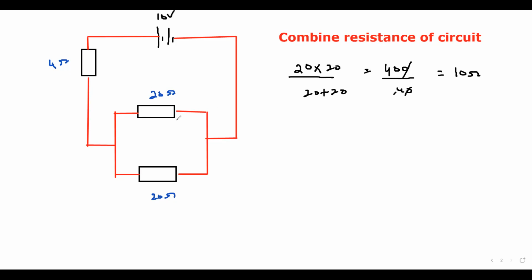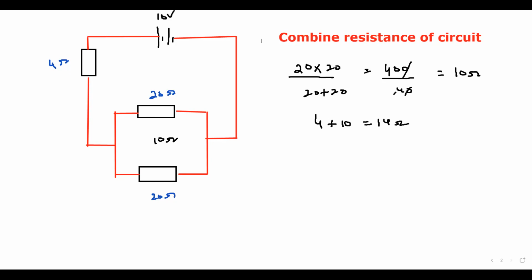So with 4 ohm and 10 ohm, the total resistance is 4 plus 10, which equals 14 ohm, because the parallel combination is followed by a series resistor. First we got the result for the parallel combination, product divided by sum, and then we added the series resistor. So we get the total resistance of this circuit.